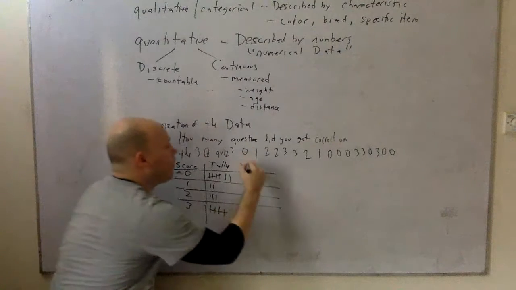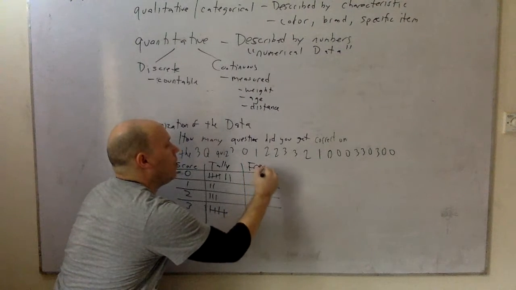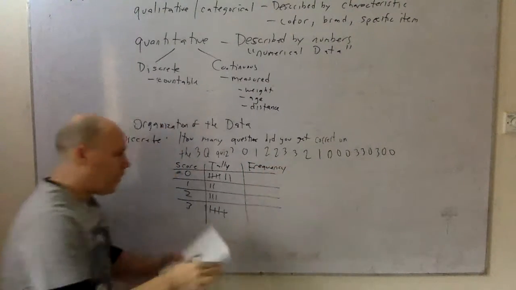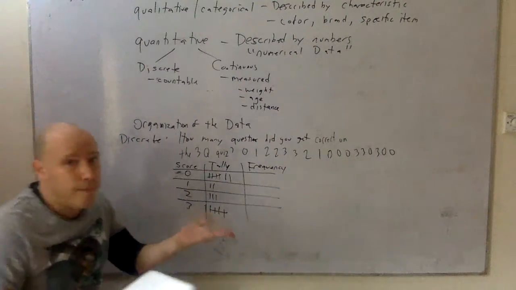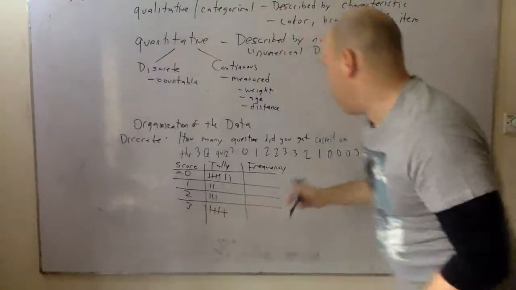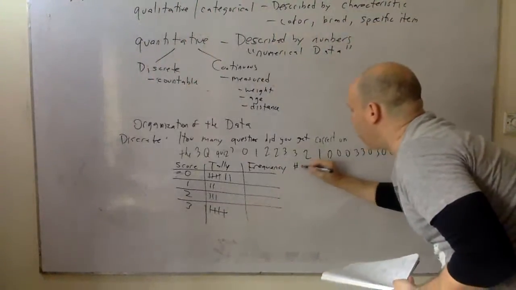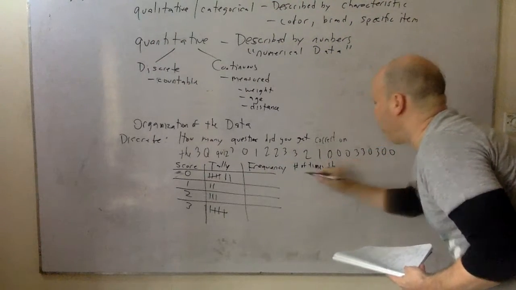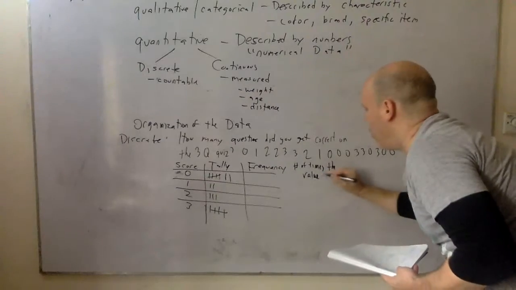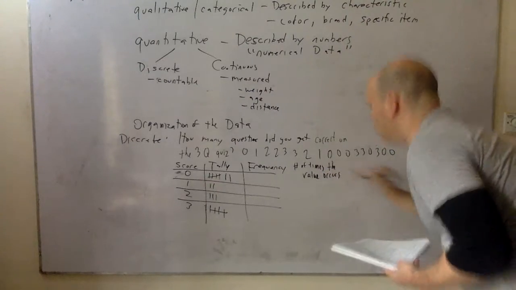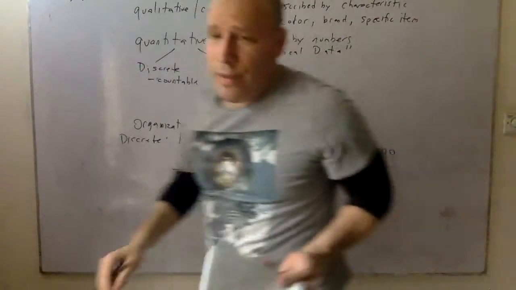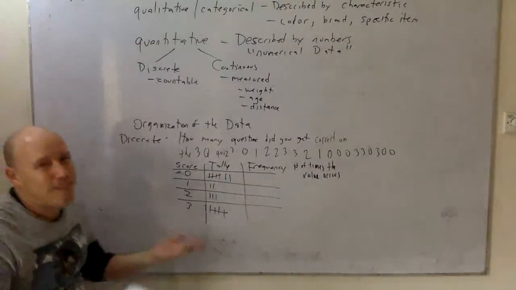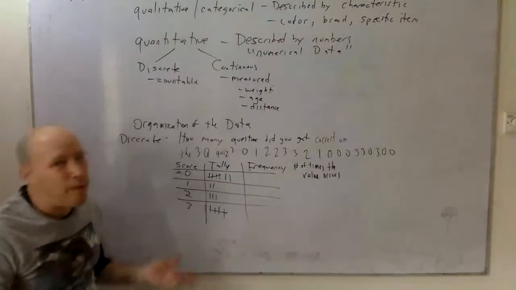Next comes the frequency. The frequency is the number of times the value occurs. You can count that up, and you'll be given this because IB doesn't want to waste your time on this.